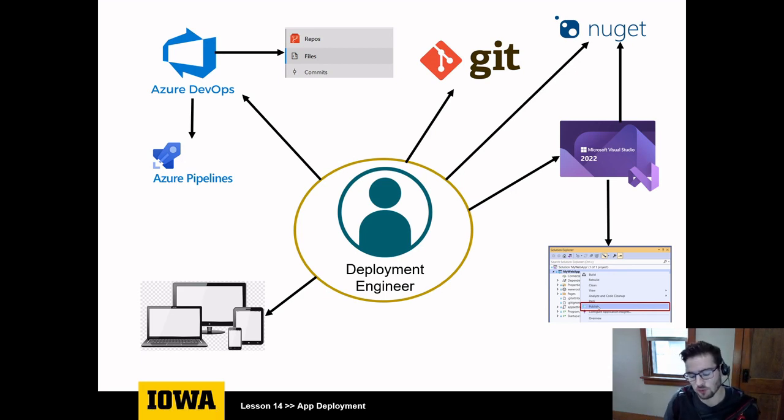So we'll talk about using Azure Pipelines to automate the deployment process. And there's also a little tool in Visual Studio here that is kind of an easy way to deploy software in certain environments. So that's this Visual Studio Publish tool. So that could be an option depending on what kind of software is being deployed.